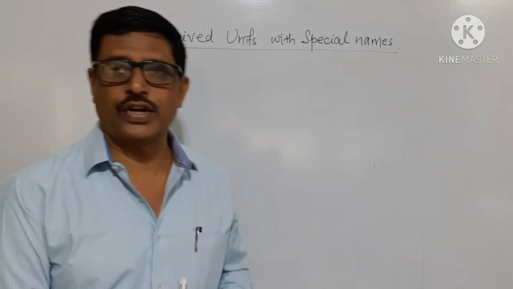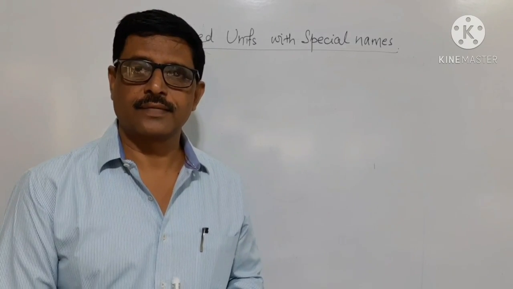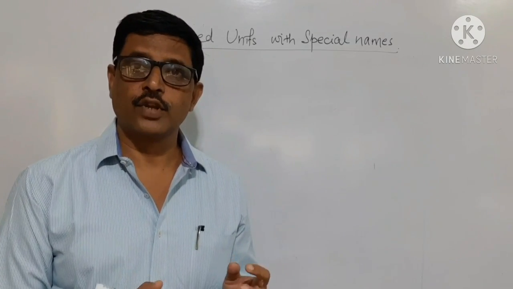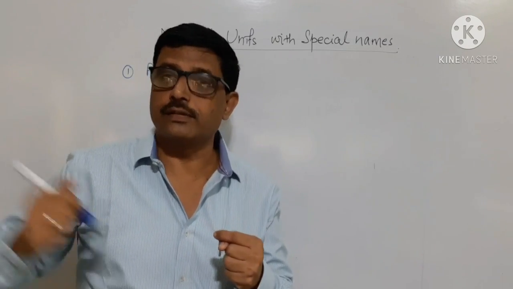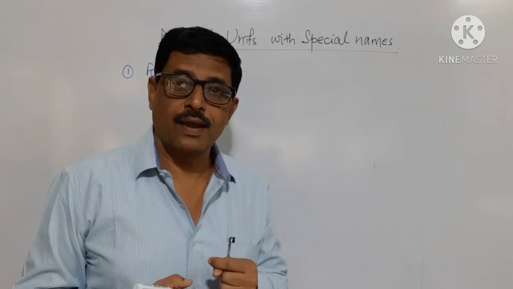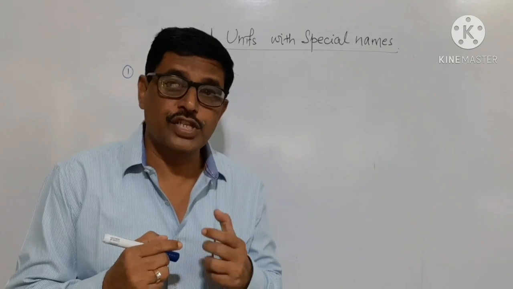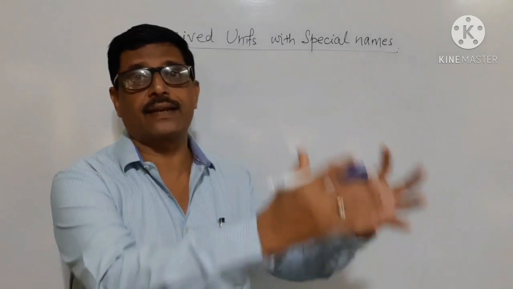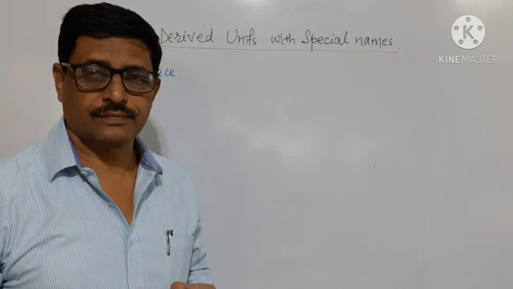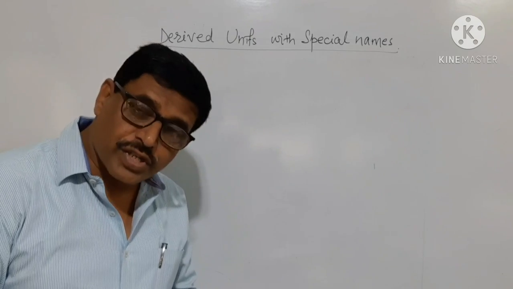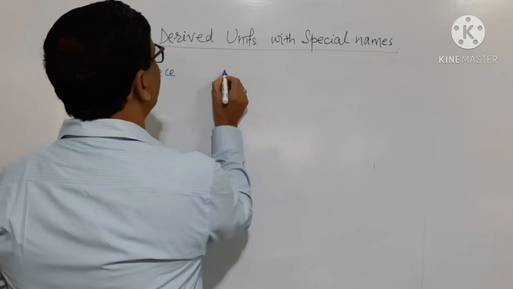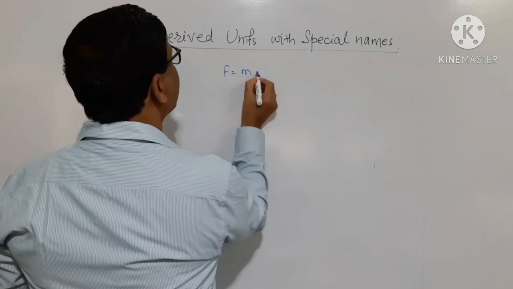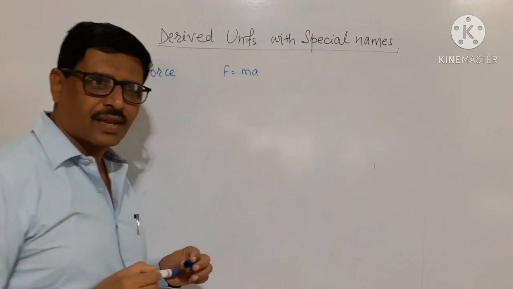It's a physical quantity. And force is able to change the state of the motion of the body. Therefore, force is able to accelerate a body. And force is related with acceleration of a body. Therefore, the formula of force is mass into acceleration.